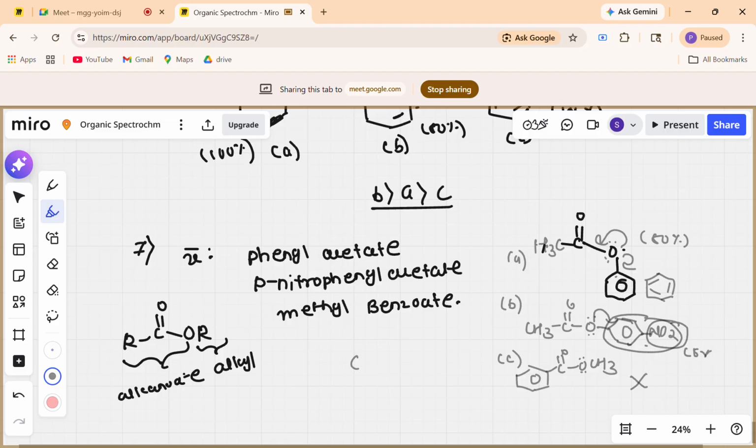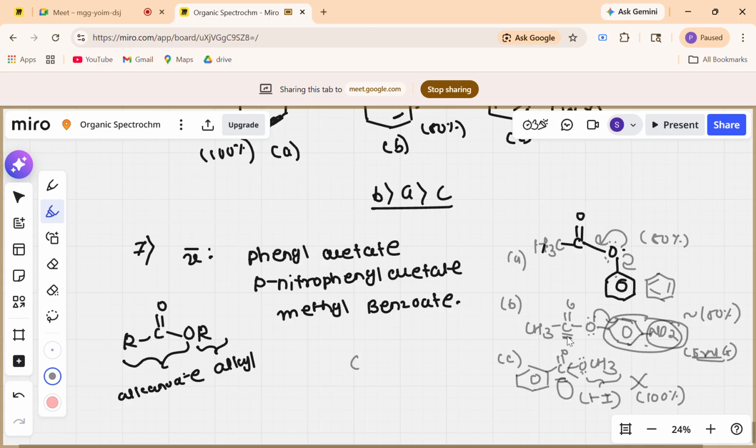See here the electron donation will happen on both sides. This is basically an sp2 hybridized structure, right? So there is a double bond here also. So here the sharing will be 50%. Now here there is an electron withdrawing group present. So most of the electron density gets attracted toward this nitrophenyl group, because nitro is a much stronger electron withdrawing group, right? So the electrophilicity of this carbon is more as compared to this one.